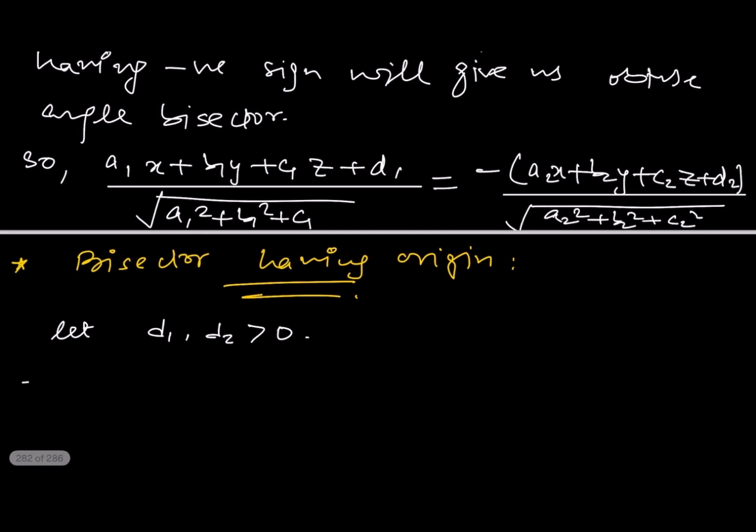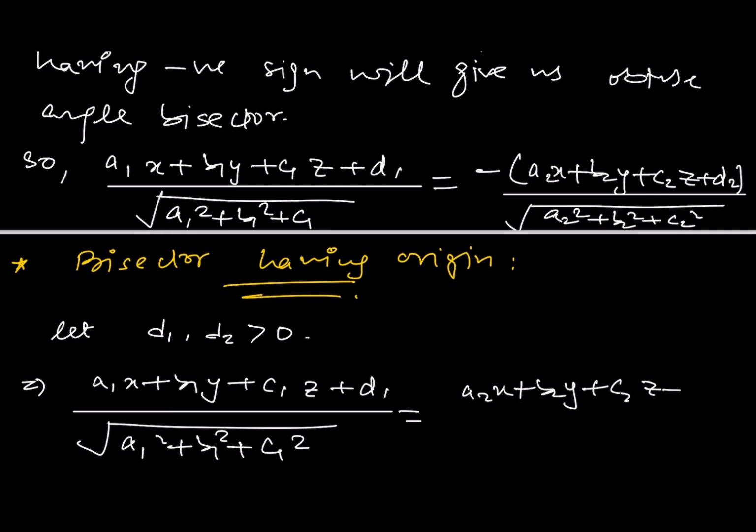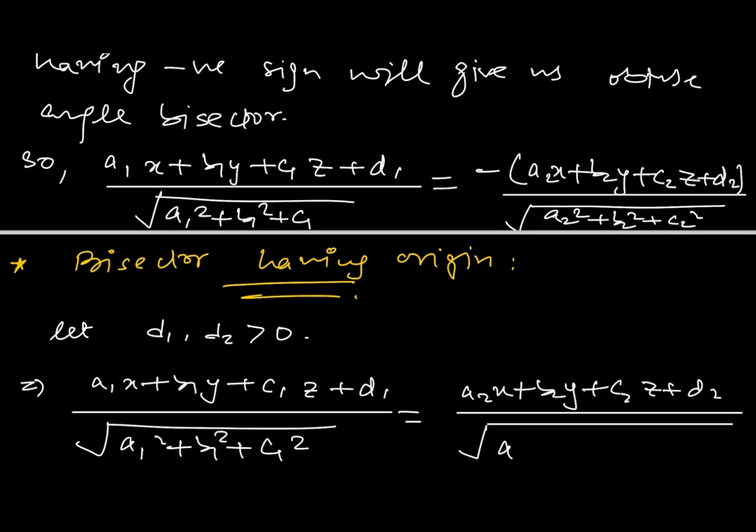So in this case, (A1x plus B1y plus C1z plus D1) upon root over A1 square plus B1 square plus C1 square is equal to (A2x plus B2y plus C2z plus D2) upon root over A2 square plus B2 square plus C2 square.